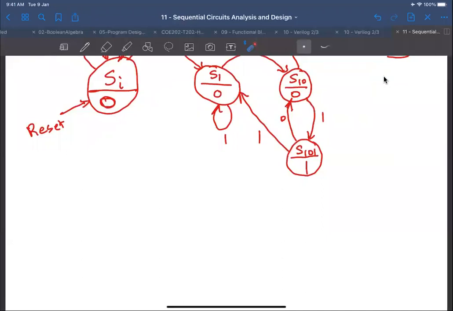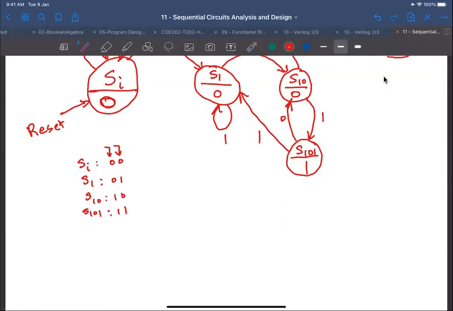So my normal binary assignment: S1 is 00, S1 is 01, S10 is going to be 10, and S101 is going to be state 11, because we only need 2 flip-flops. I need to have 2 bits for the assignment.